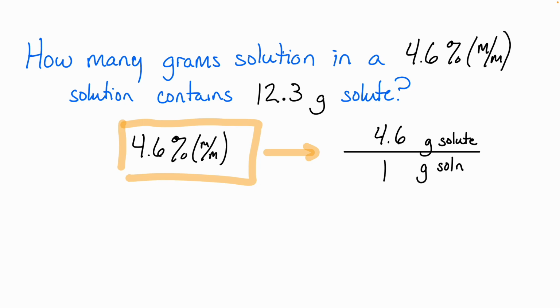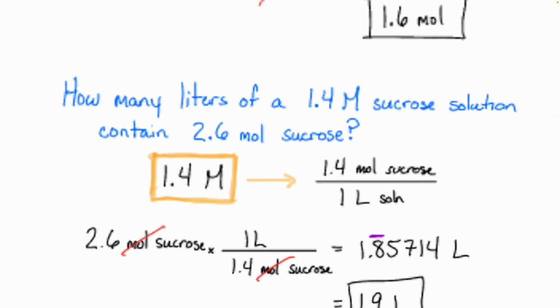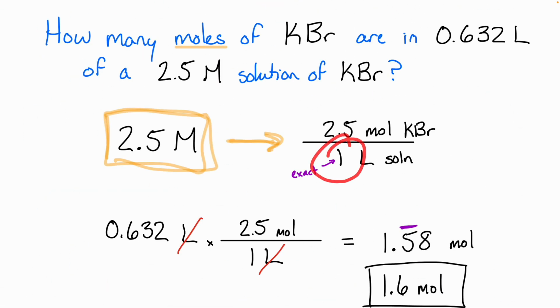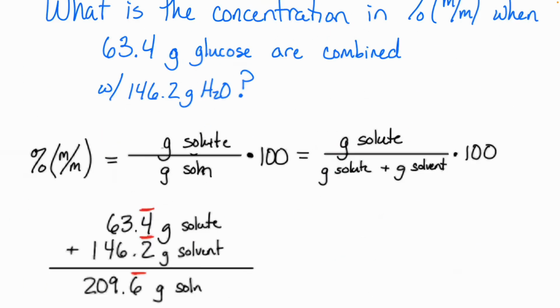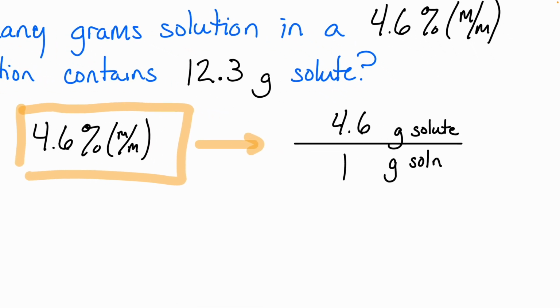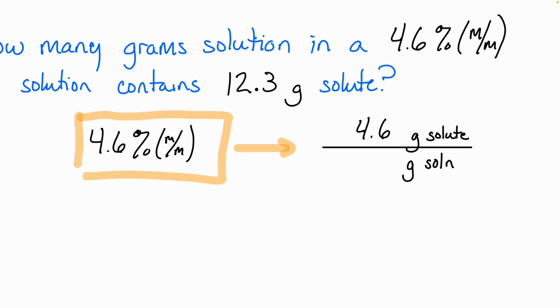When we were doing molarity, all we did was say 2.5 moles over 1 liter. When we were doing molality, we did 3.75 moles over 1 kilogram of solvent. But because of that factor F that we multiplied by, this is not how many grams are in 1 gram of solution. This is how many grams are in 100 grams of solution.